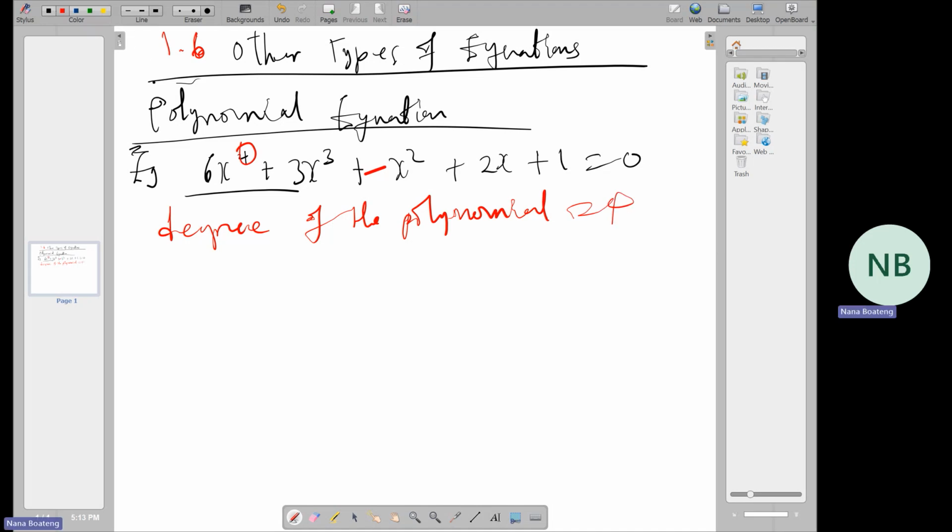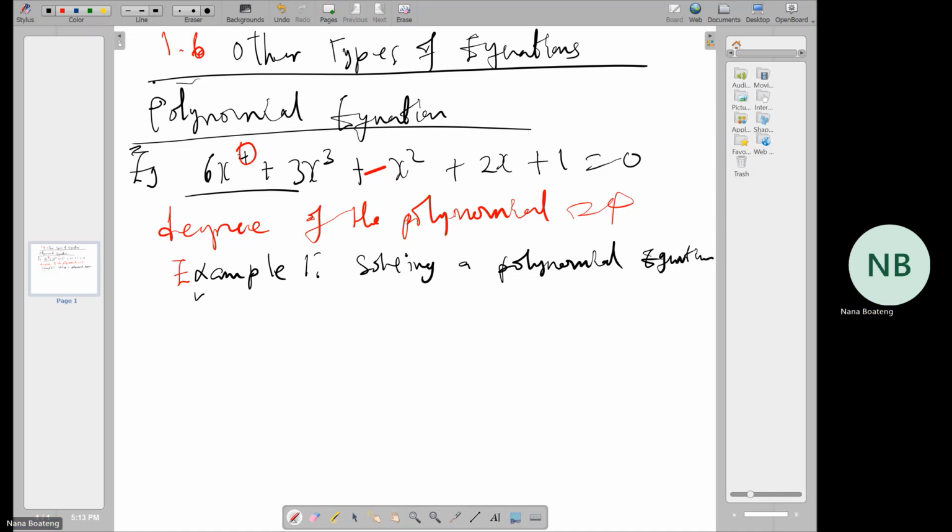Okay, so let's look at an example where we simplify a polynomial equation by factoring. So this will be our first example. We're looking at solving a polynomial equation by factoring.